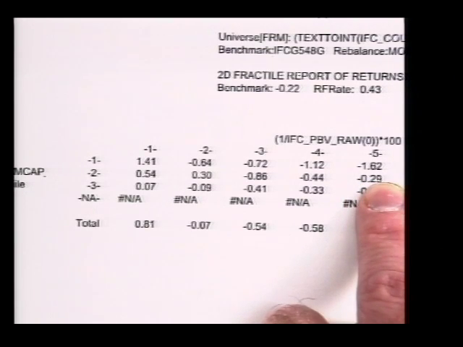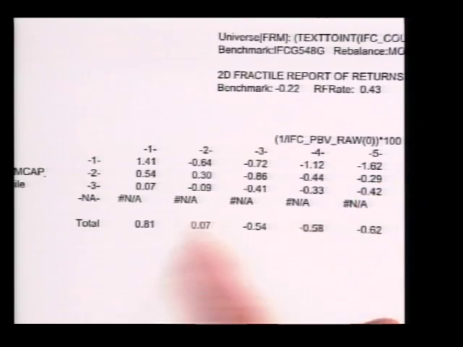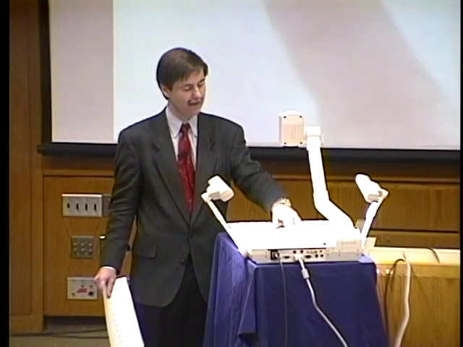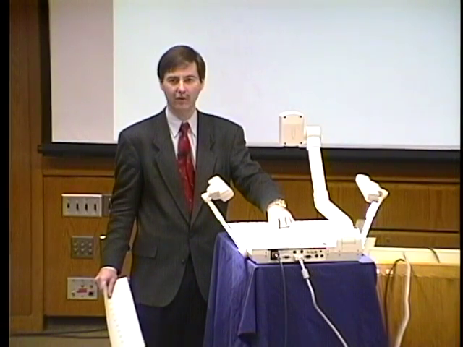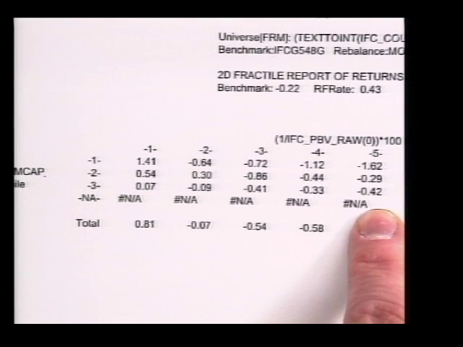Do you see what's going on here? If we implemented this strategy of price to book screen, long-short, just on one attribute, on large cap, we get maybe 0.5% per month, so 6% per annum.